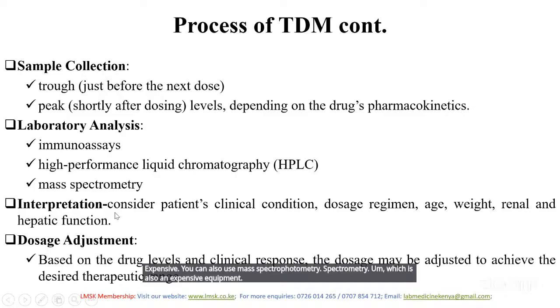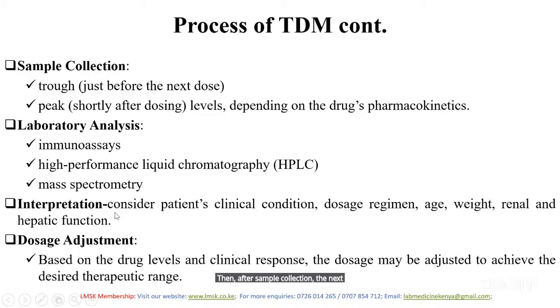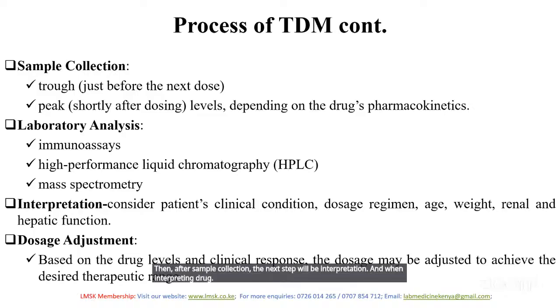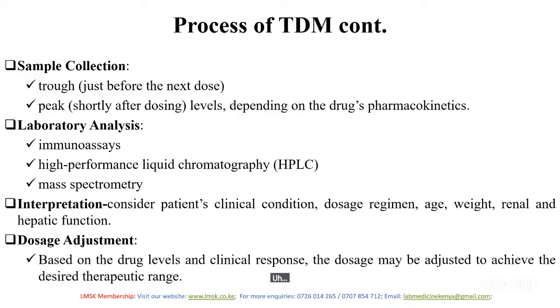Then after laboratory analysis, the next step will be interpretation. And when interpreting drug concentration, as I said, you must consider the patient's clinical condition, the dosage regimen, the age, and other factors, including hepatic function. Then after interpretation, what follows is now the management of the patient.